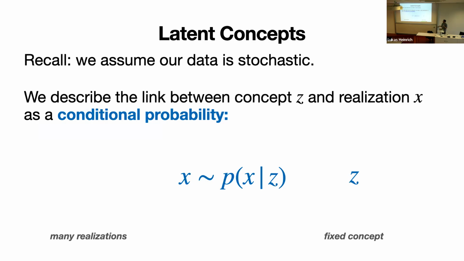The way we describe this link between the concept and the realization is a conditional probability. We fix the concept value, let's say cat, and then there are many realizations that I can generate from this stochastically. Every one of them might be different, but they all originate from the same underlying thing.